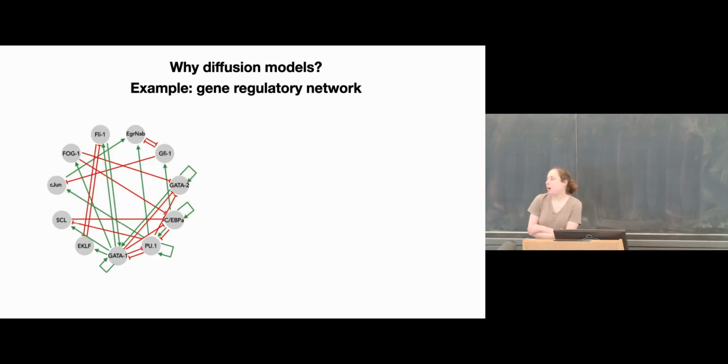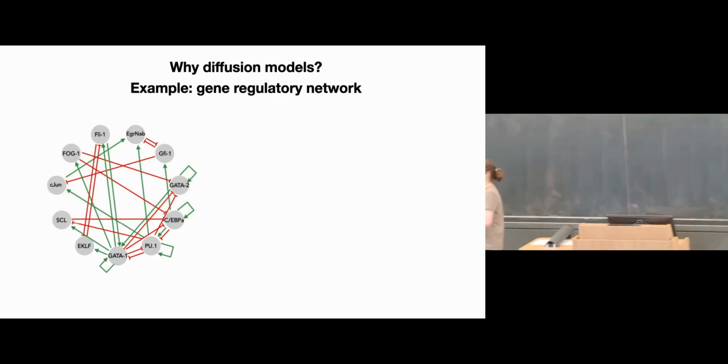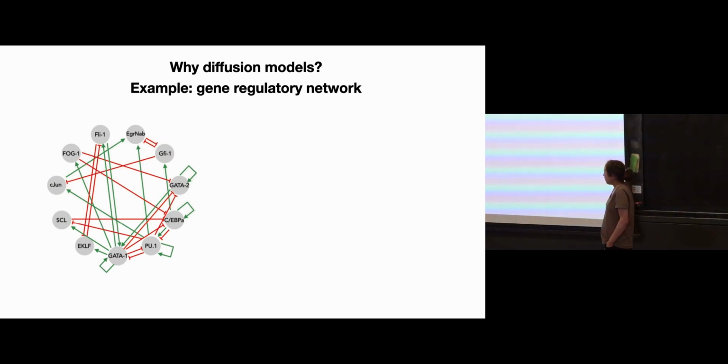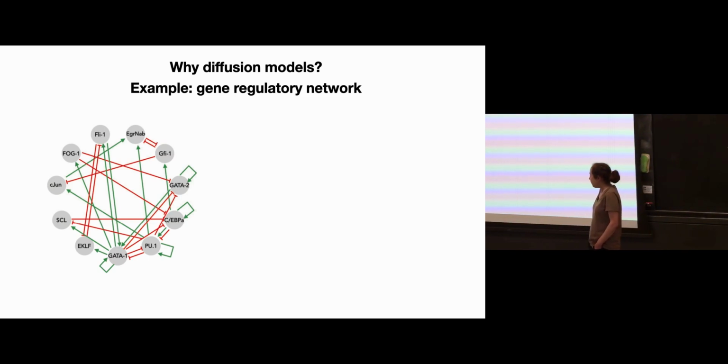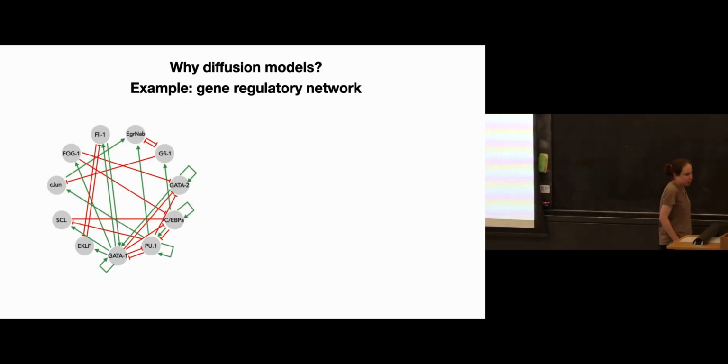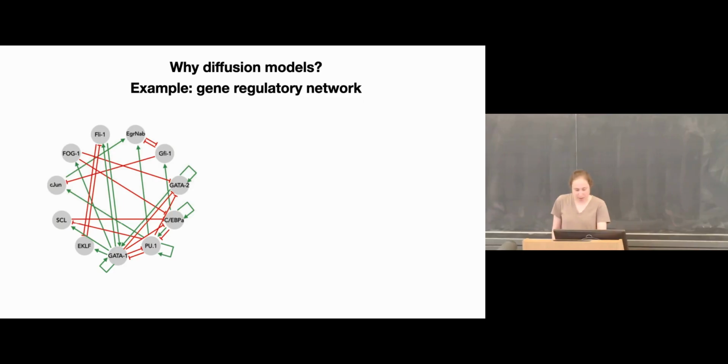Okay, so to motivate the main modeling approach for these instances, I want to go back to a concrete example of a gene regulatory network to start with. Why would you use something like a diffusion model?